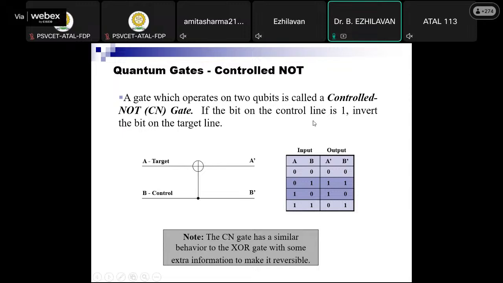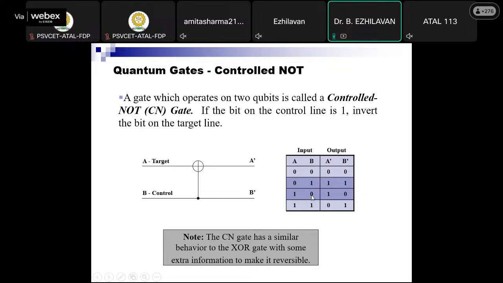Control line means B. If B is 1, invert the bit on the target line. Understood? 0 0 gives 0 0. B is 1, so here in the output A will be 1.